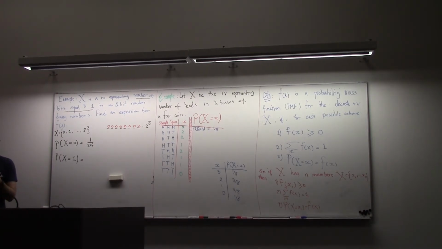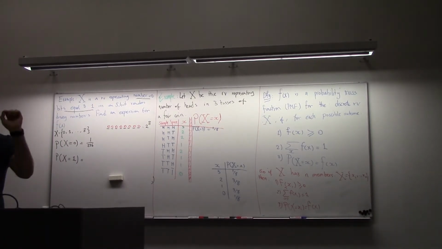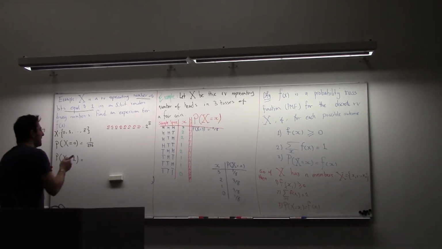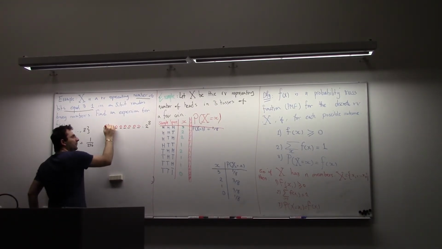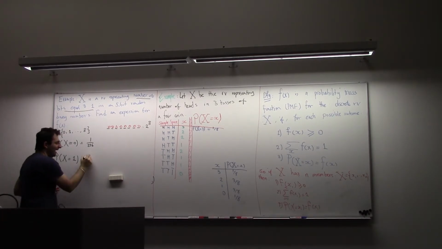Don't tell me the probability, how many forms can I have? 8 different forms, because the 1 can be here, or here, or here, and so on. So I have 8 forms, so the probability is 8 over 256.